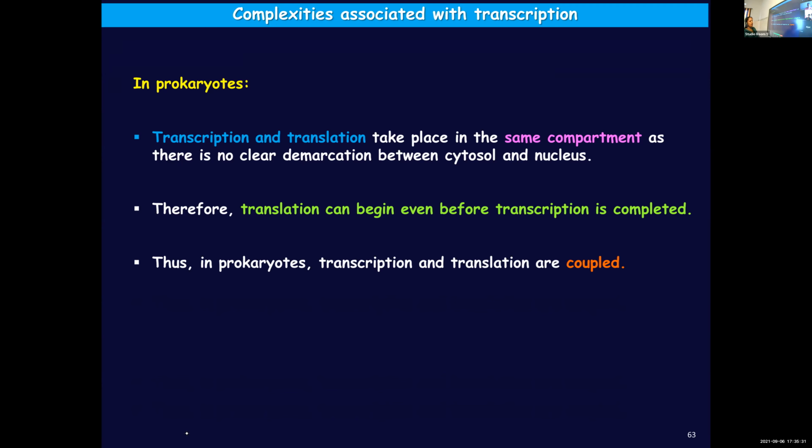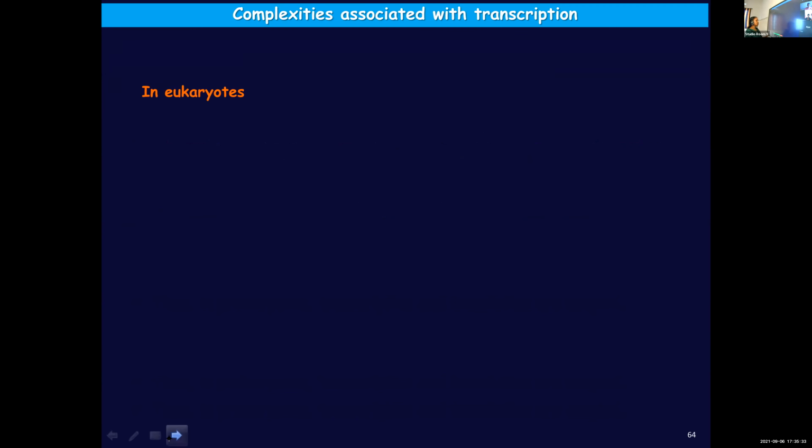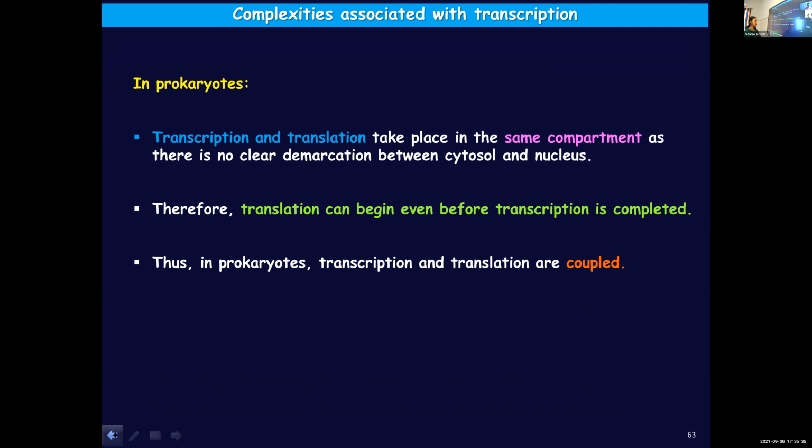Thus, in prokaryotes, transcription and translation are coupled, meaning they take place together. All these points can be asked as application level questions. Why are transcription and translation coupled in prokaryotes? Normally, transcription should be completed, and only then can translation start.